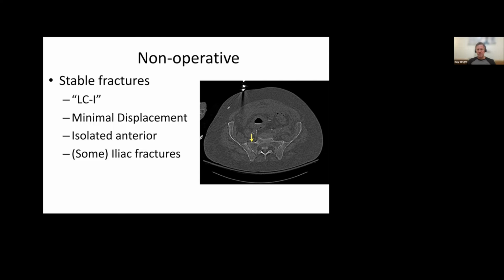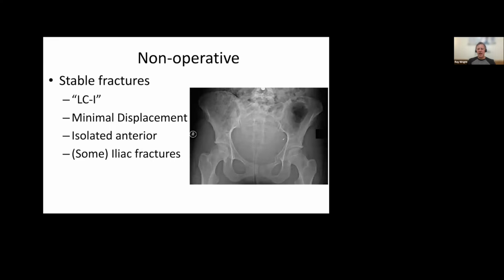Generally, these patients do very well with non-operative care, and I'll usually let them weight bear as tolerated, especially when these patients have minimal or almost no perceivable displacement on radiographs and CAT scan. Occasionally, you'll get isolated anterior direct injuries to the superior and inferior rami without any posterior injury, like we see in this patient here.